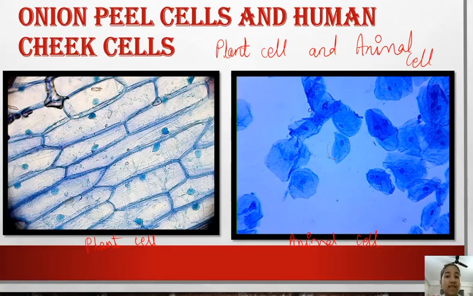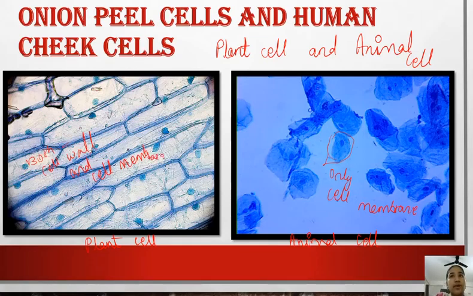That's a cell wall, which is present only in the plant cell, and if you notice in a keen manner, they have two layers. But over here there is only one layer because they have only a cell membrane. Now what are the cell wall and cell membrane? We'll be covering those topics also.